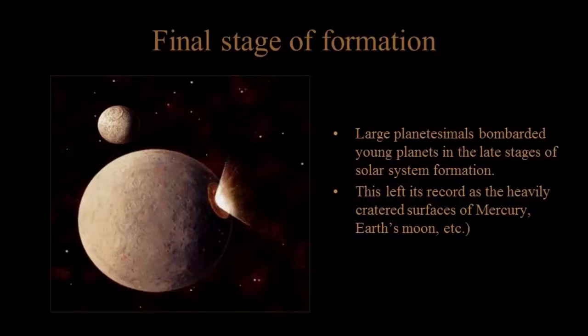Now a few of those planets, for example Mercury and even our moon, have not changed their surface at all since that very beginning, since that formation. And as a result, we can still, to some extent, see the original cratered regions of those planets due to that late stage of formation, the final planetesimals really striking those bodies.